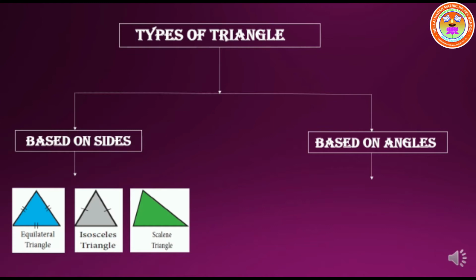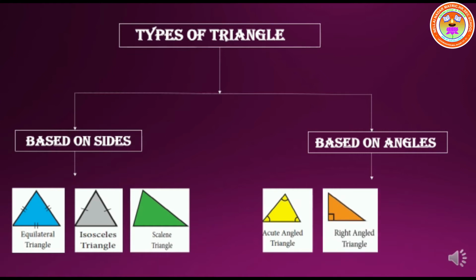Now, let us move on to types of triangle based on angles. Here you have acute angled triangle. Remember what is acute angle? It is the angle which lies between 0 and 90 degrees. So that is called as acute angle triangle.